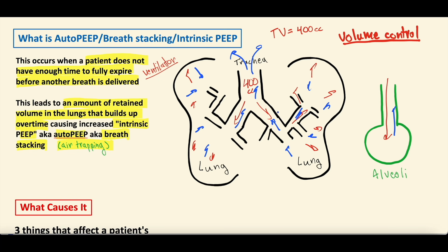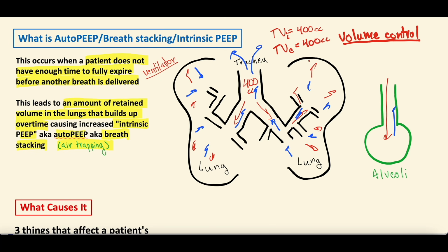And in a perfect world, the amount of air expired is equal to the amount of air inspired. So there's a little different kind of verbiage on the ventilator itself, but for the sake of ease of concepts, we'll say tidal volume inspired with a little i, and then tidal volume expired with a little e. And again, in a perfect world, these things equal each other. The amount of air inspired is the amount of air expired.